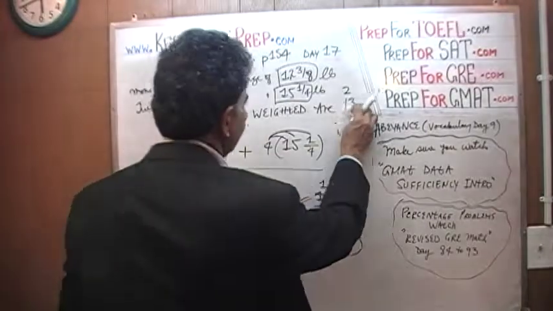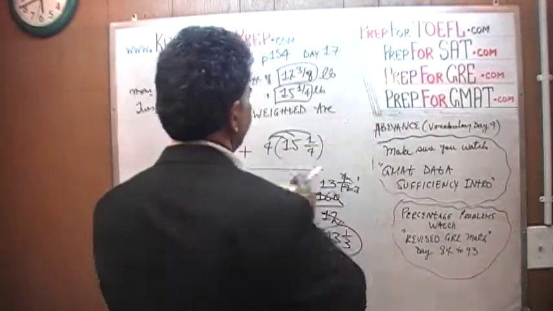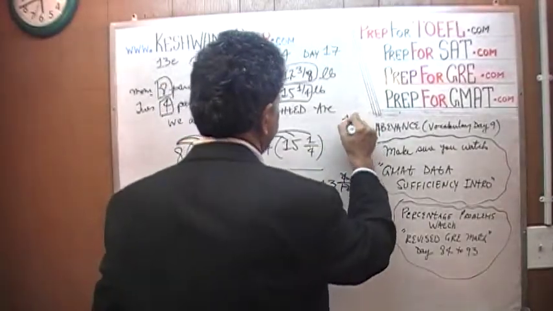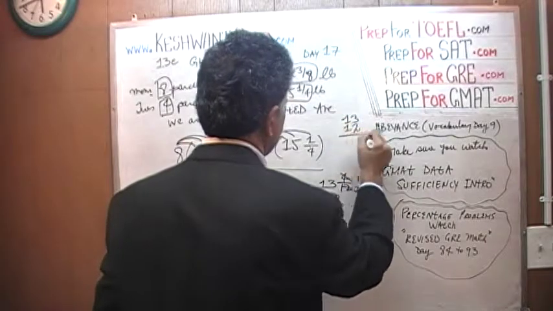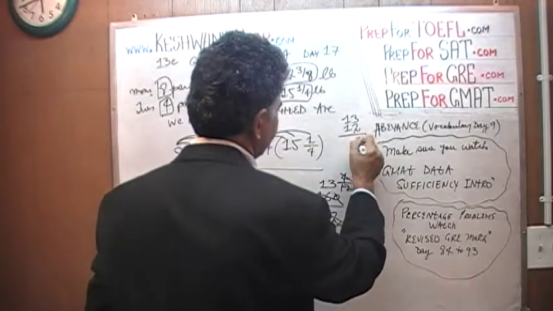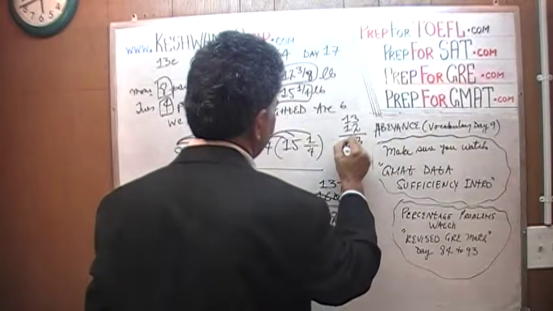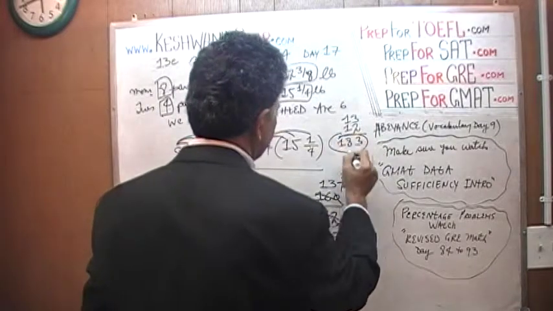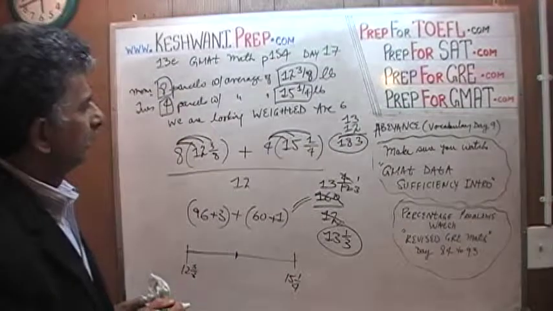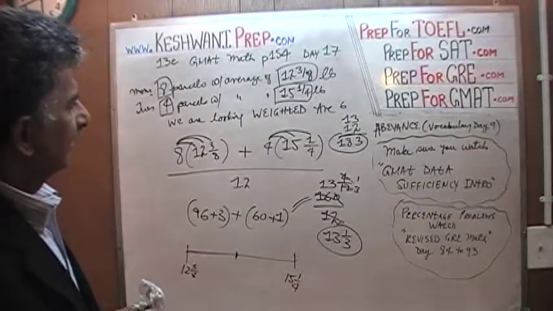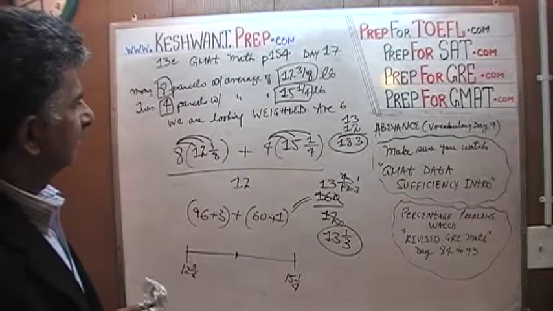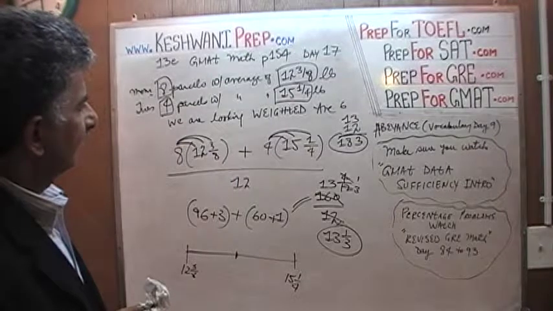We have 12 packages. So 13 times 12: 12 times 3 is 36, 3 carry 6, 12 plus 6 is 18. You see 180.